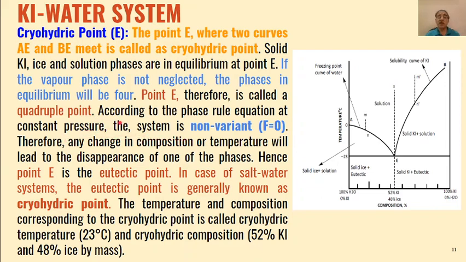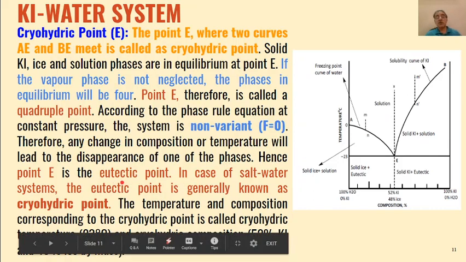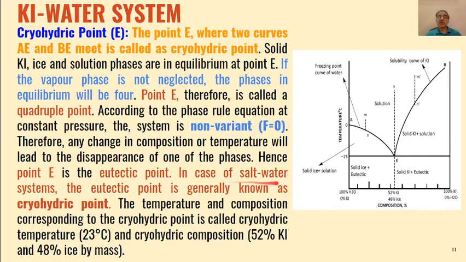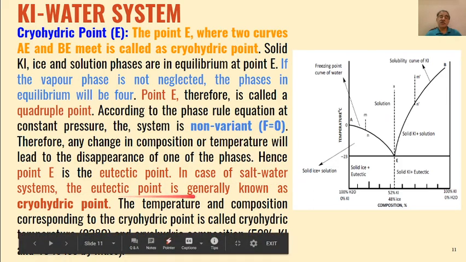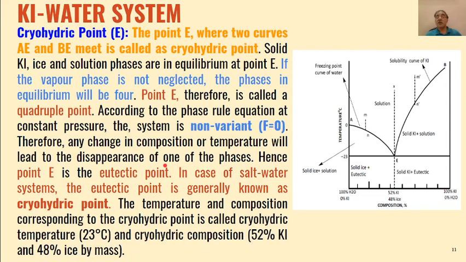So, as per the reduced Gibbs phase rule equation at constant pressure, the system will be non-variant or invariant as the degree of freedom will be 0. The eutectic point in the case of salt water systems is generally known as the cryohydric point, because the eutectic point we were using for the phase diagram where a eutectic mixture of two solids was there.